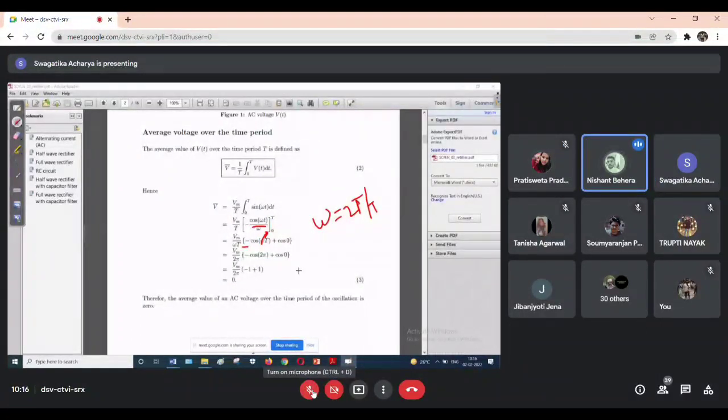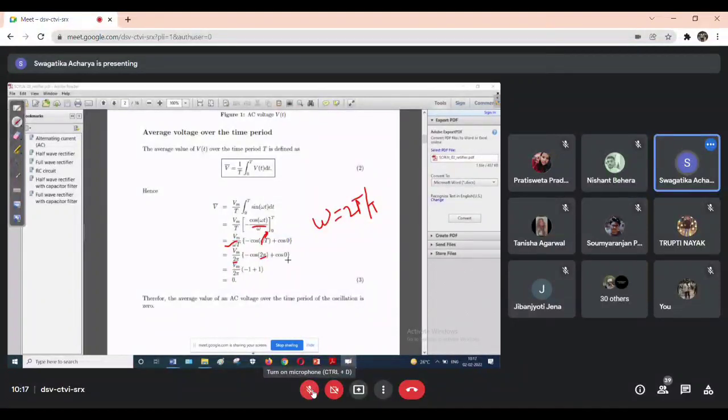Here also there is one omega, V_m by omega T. In place of omega you will put 2 pi by T into T. So T cancels out, remaining is 2 pi. Here it is also remaining 2 pi.